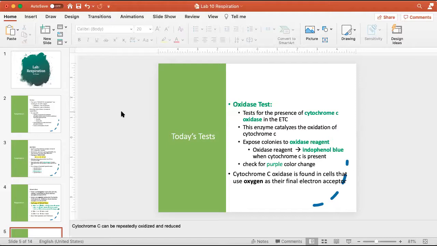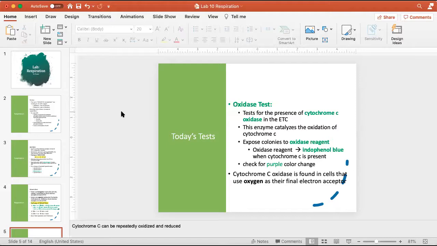So it has to be able to receive electrons from one protein and then give those electrons away to the next protein. In other words, it has to gain electrons, that's reduction, and then lose electrons, that's oxidation.